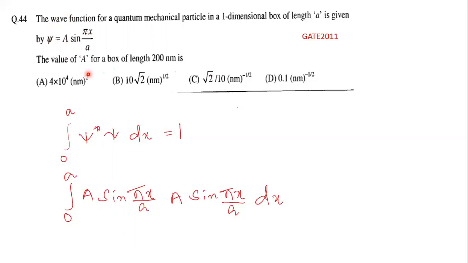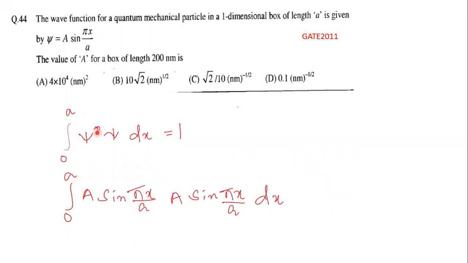For finding the normalization constant, we use this relation: integration from 0 to a of psi star psi dx is equal to 1. This psi star is the complex conjugate of the given wave function, and these are the limits from the box length 0 to box length a.